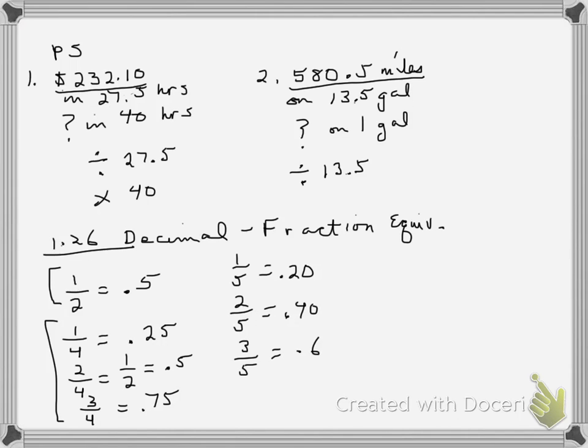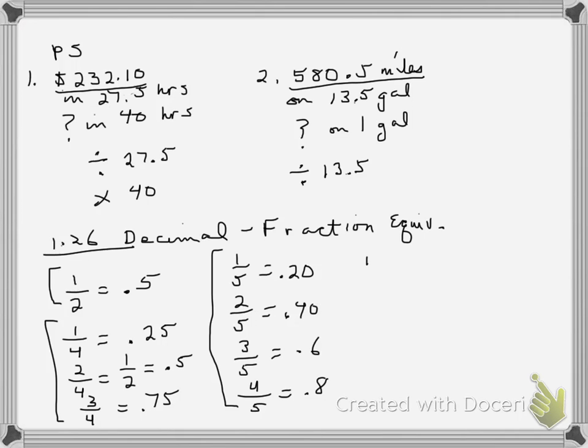I don't really have to have a 0 there. 4/5 is 0.8. And of course 5/5 would be a whole. So we're counting by twos: 0.2, 0.4, 0.6, 0.8 to get our fifths. So that would be one I would expect you to know pretty easily.